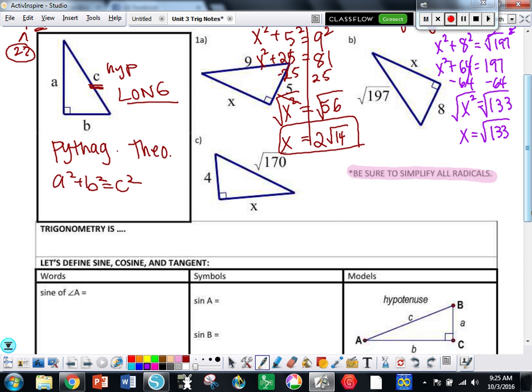Try it on your own, part C. A squared plus b squared equals c squared. Pause this first.